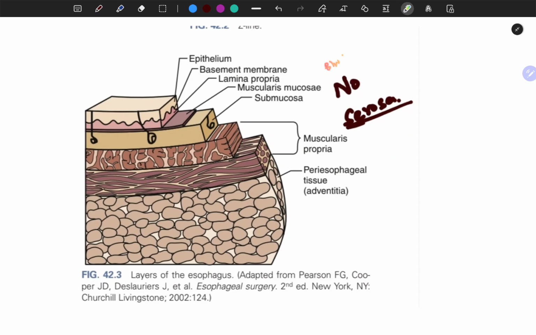Between the layers of the esophageal musculature lies an interconnected network of ganglia, which is known as the Auerbach nerve plexus.